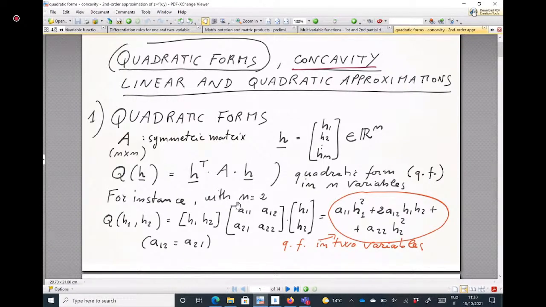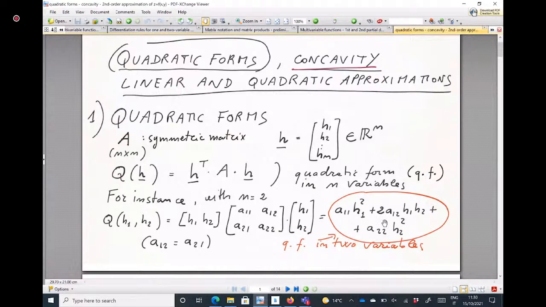For instance, with n equal to 2, you already know this example. It is A11 h1 squared plus 2 A12 h1 h2 plus A22 h2 squared. The only thing that changes here is the name of the variable. It's not x, it's h. But this is a quadratic form in 2 variables.